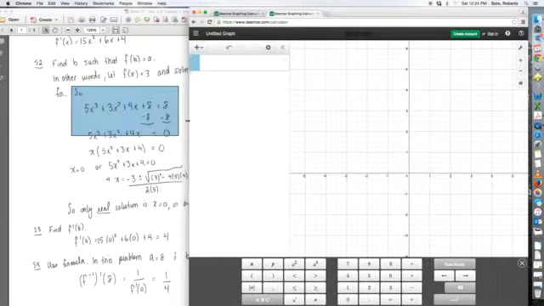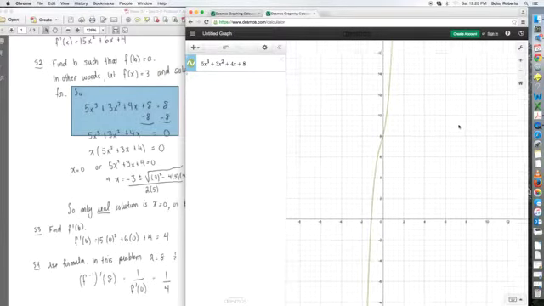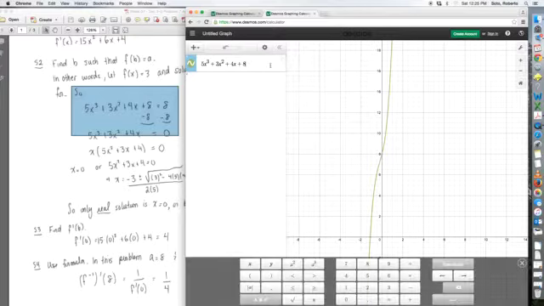So this is Desmos.com, and I type in the first function, so 5x cubed plus 3x squared plus 4x plus 8. And it looks sort of like this. Let me zoom out a little bit. It looks like a cubic function, like any cubic function. And the second part is I want it to equal 8.